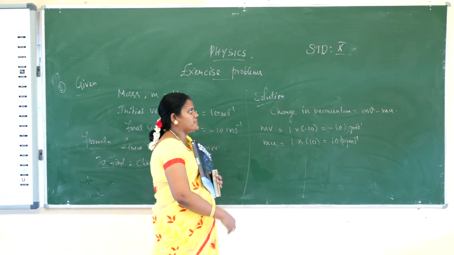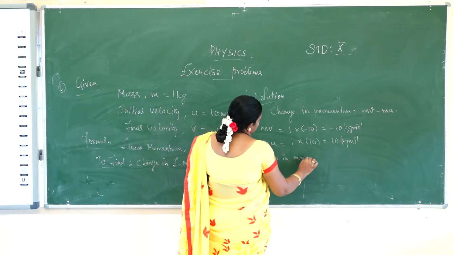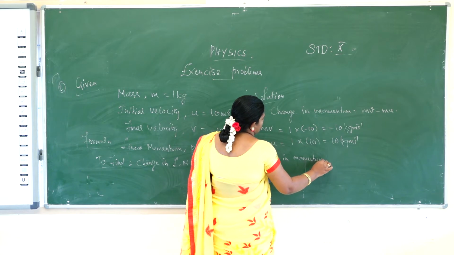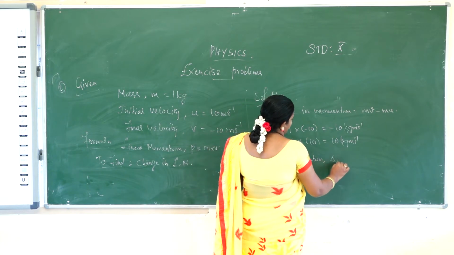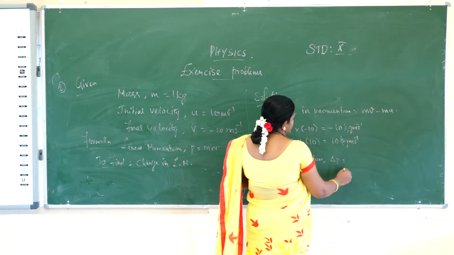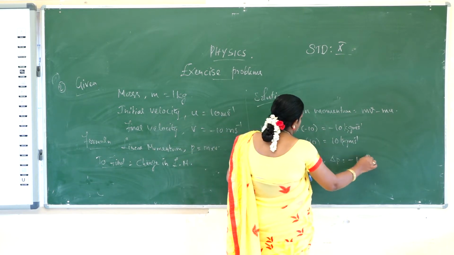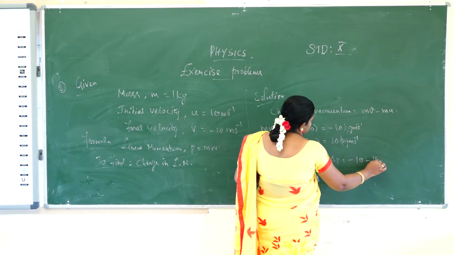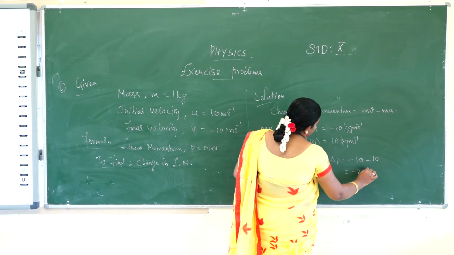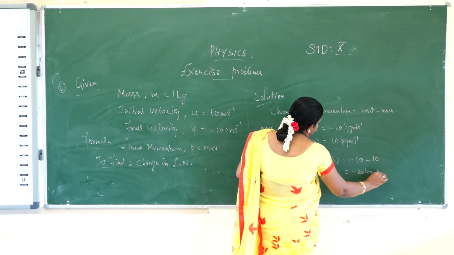Now we calculate the change in momentum, delta P is equal to mv minus mu. Minus 10 minus 10, so minus 20 kilogram meter per second.